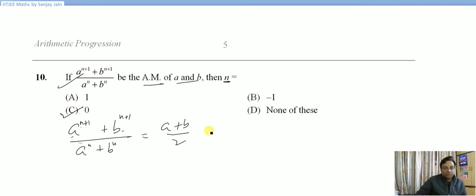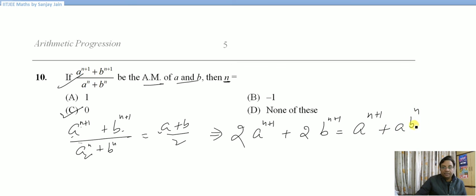Otherwise, there is a solution to this question. You just need to cross multiply. If you cross multiply it, you'll get 2a raised to power n plus 1 plus 2b raised to power n plus 1 is equal to, this a into a raised to power n will become a raised to power n plus 1, plus a b raised to power n, a into b raised to power n, plus a raised to power n into b, plus b raised to power n plus 1.